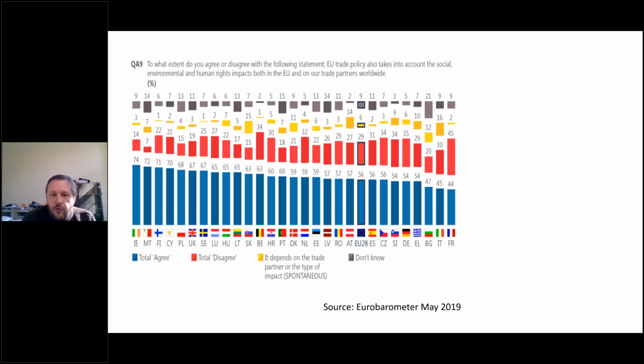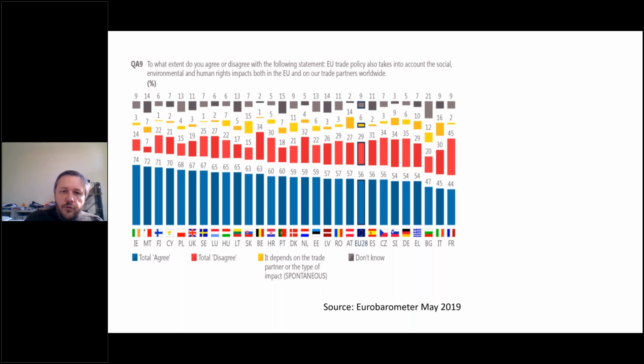First of all, if you look at the EU 28, which is a little bit right from the middle on your screen, you will see that 56% think that the EU is integrating values in its trade policy, and that's actually the same percentage as what came out of the class.